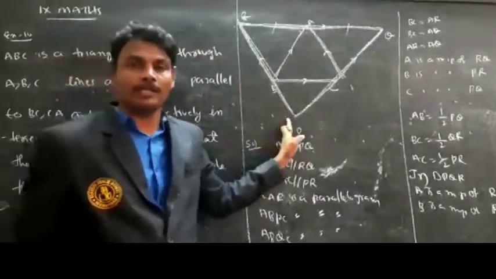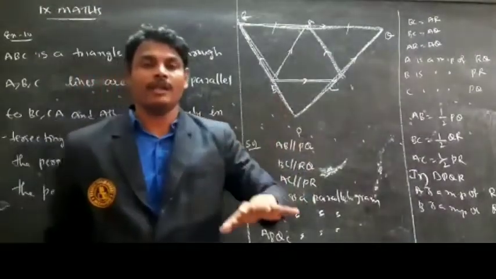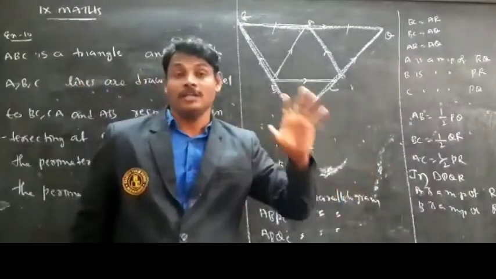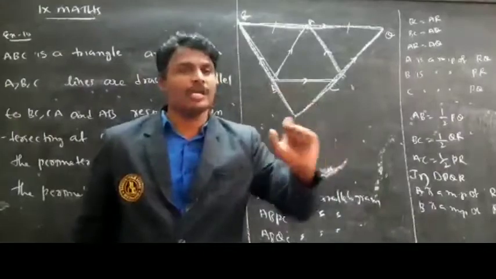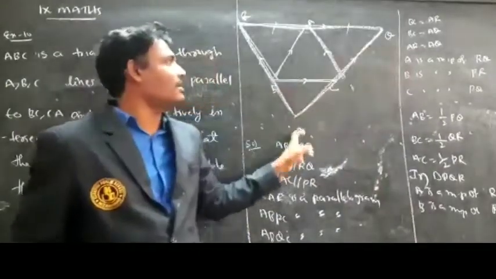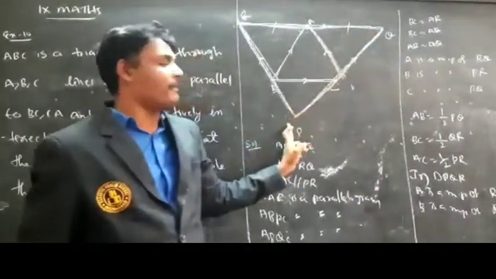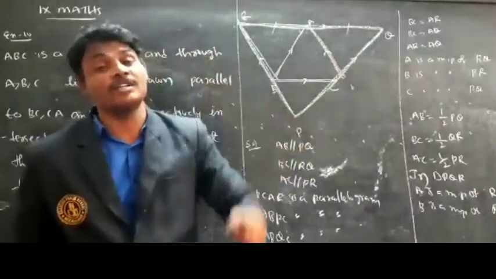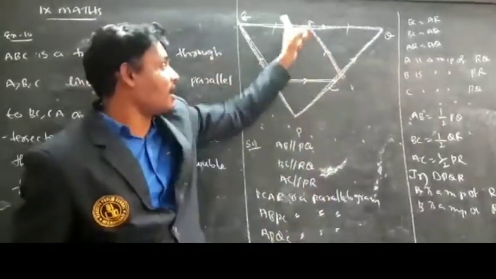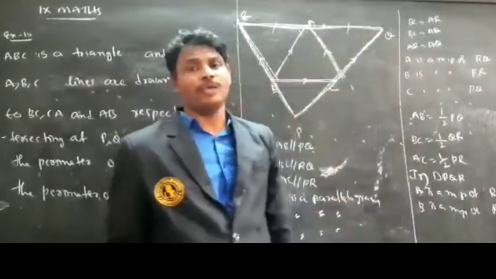According to the midpoint theorem, in a triangle the line joining the midpoints of two sides is parallel to the third one and also half of that side. So AB is half of PQ.